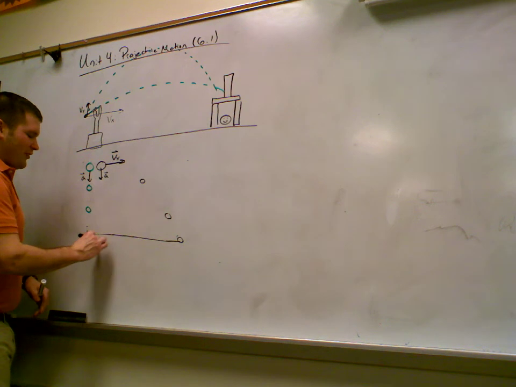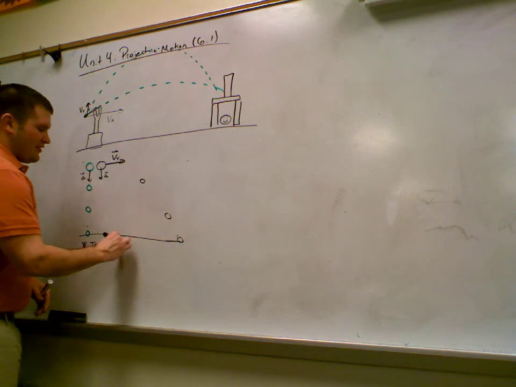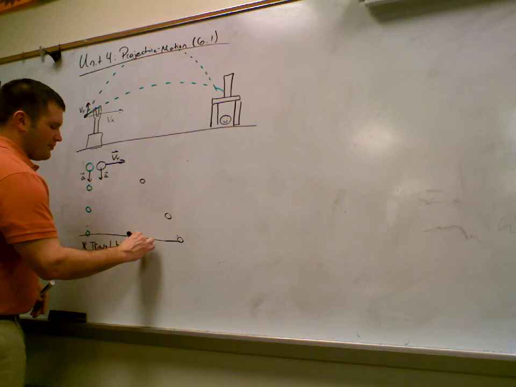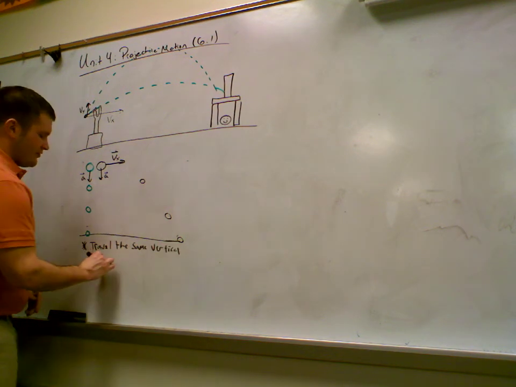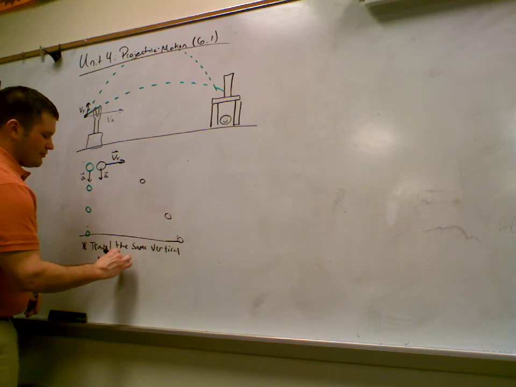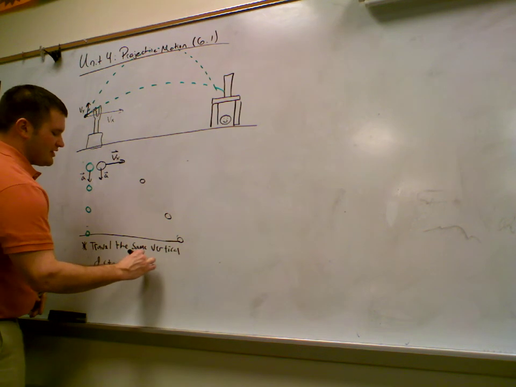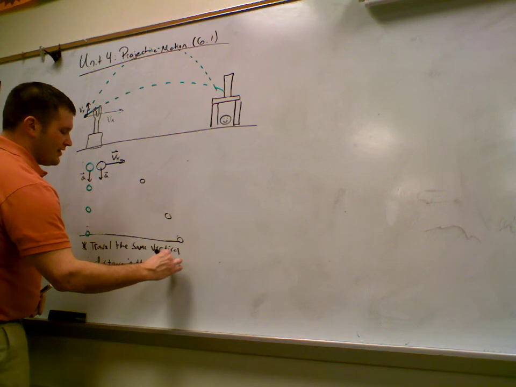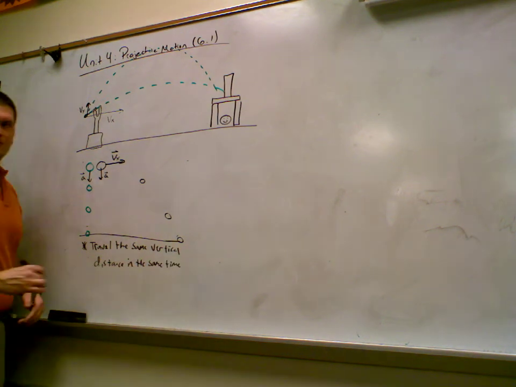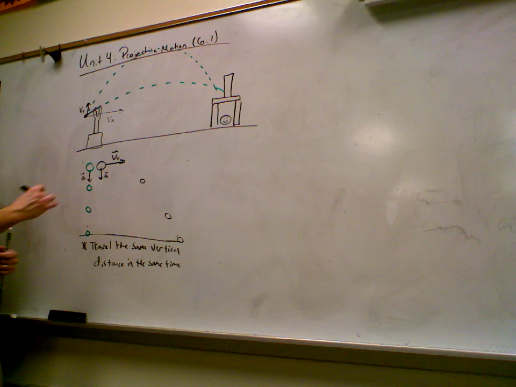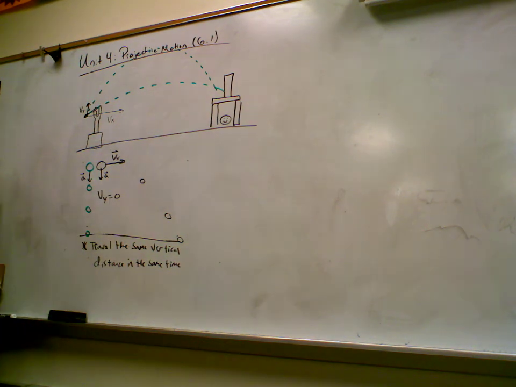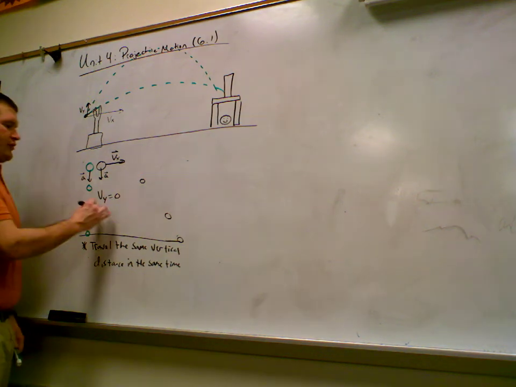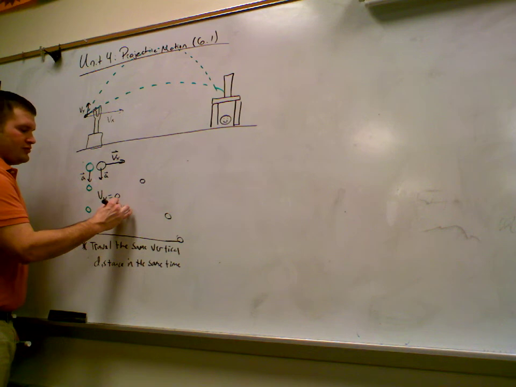So they travel the same vertical distance in the same time. Right? And they both had no initial Vy, Vy equals 0 for both of them, right? Right, guys? Acceleration for both is 9.8.